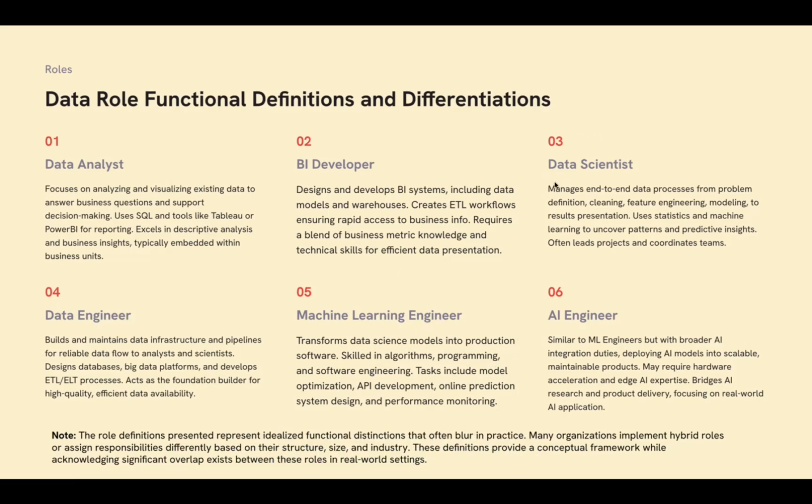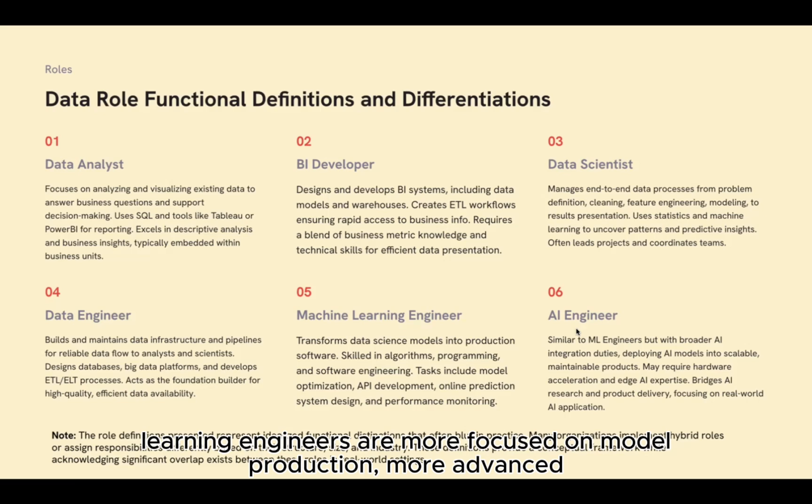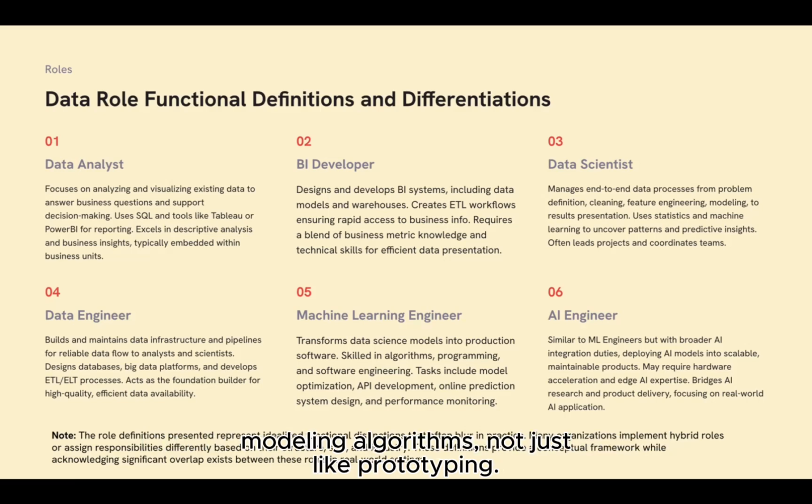So in general, between data scientist and AI engineer, data science focuses more on prototyping, and AI engineers, including machine learning engineers, are more focused on model production and more advanced modeling algorithms, not just prototyping.